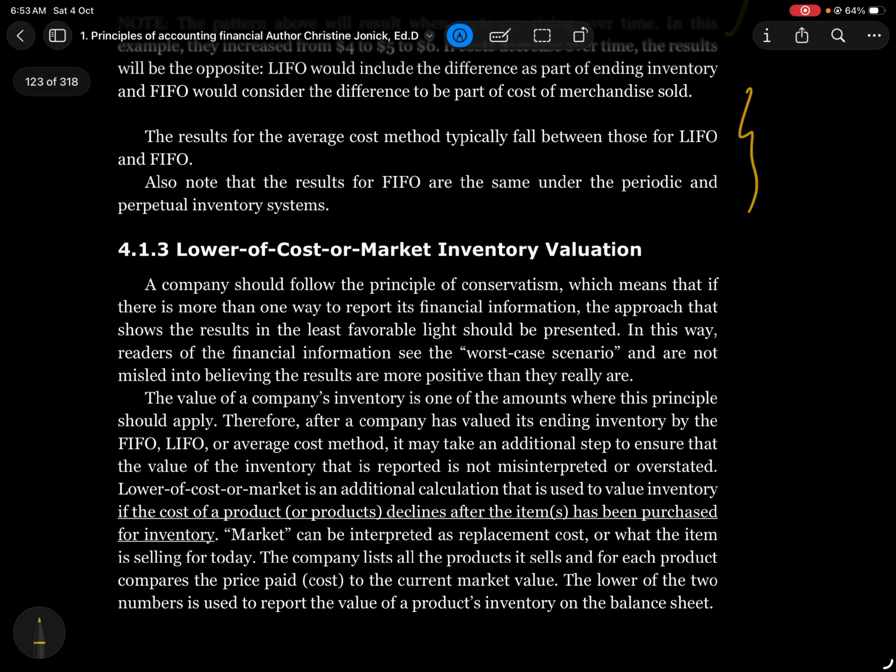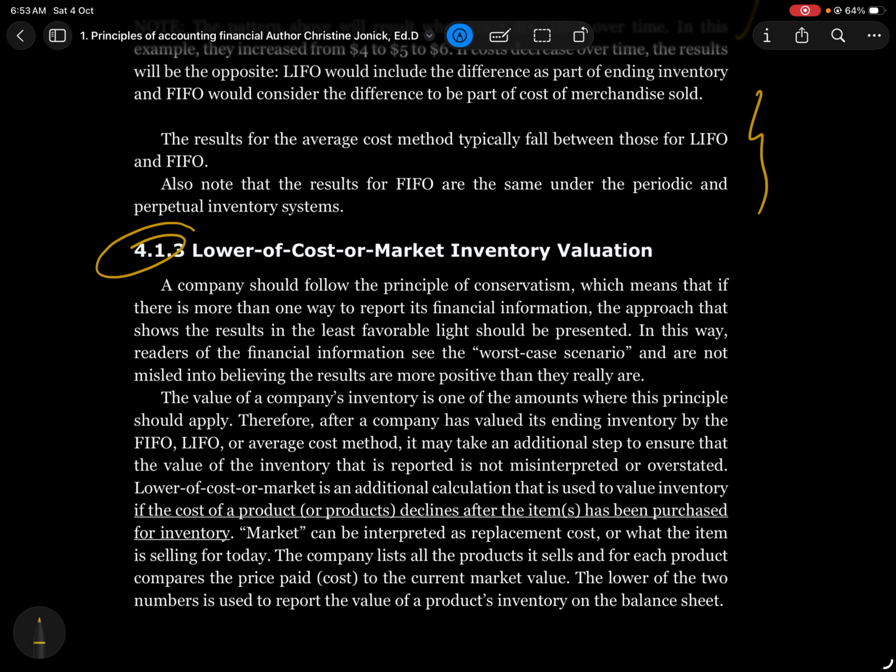Next is regarding lower of cost or market valuation. Normally, companies follow the principle of conservatism, which means that normally they take the least favorable scenario, the worst case scenario.